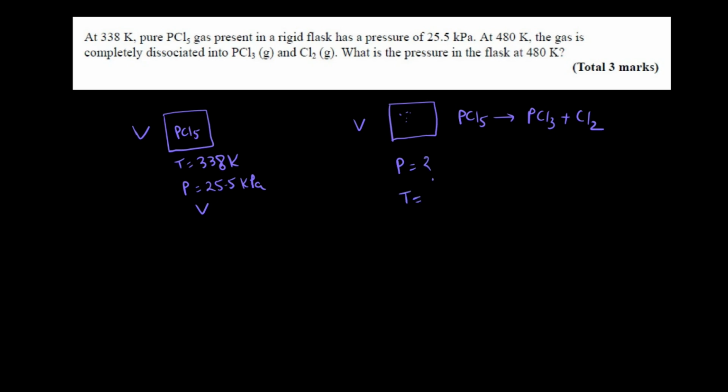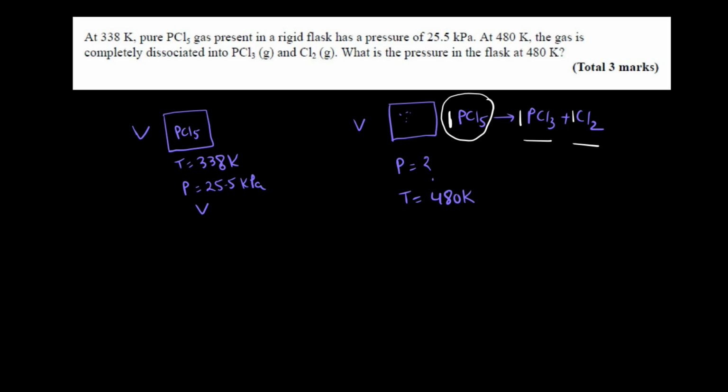The temperature is now 480 Kelvin. So what do we see here? We see that 1 mole of PCl5 gives me 1 mole of PCl3 and 1 mole of Cl2. So if I have X moles of PCl5, this will give me X moles of this and X moles of this. Means my moles are becoming double, because this is completely decomposing into this and this.